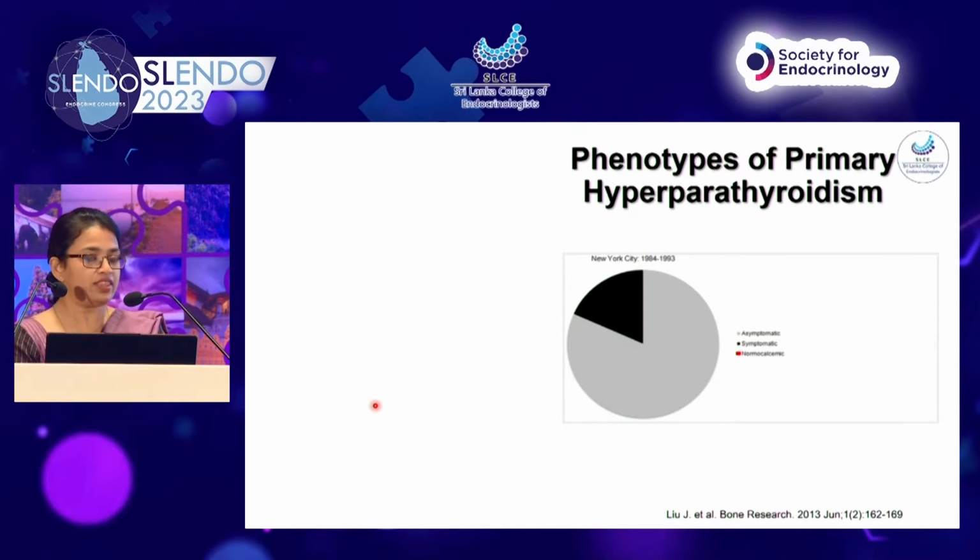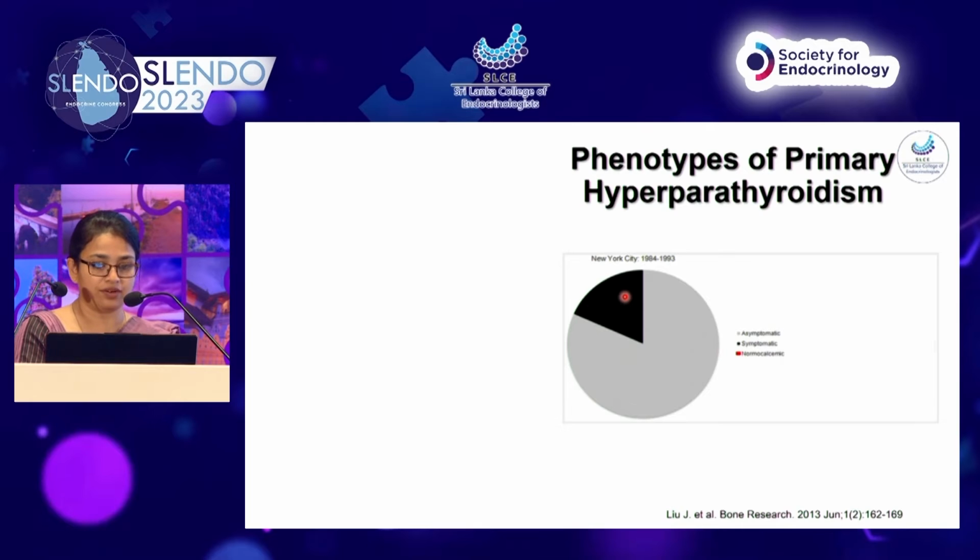And with that, we have been able to describe phenotypes of hyperparathyroidism, and this is US data from 1984 to 1993. You can see the gray color, the prevalence with asymptomatic hyperparathyroidism versus symptomatic in dark color. So the majority of patients had been asymptomatic.